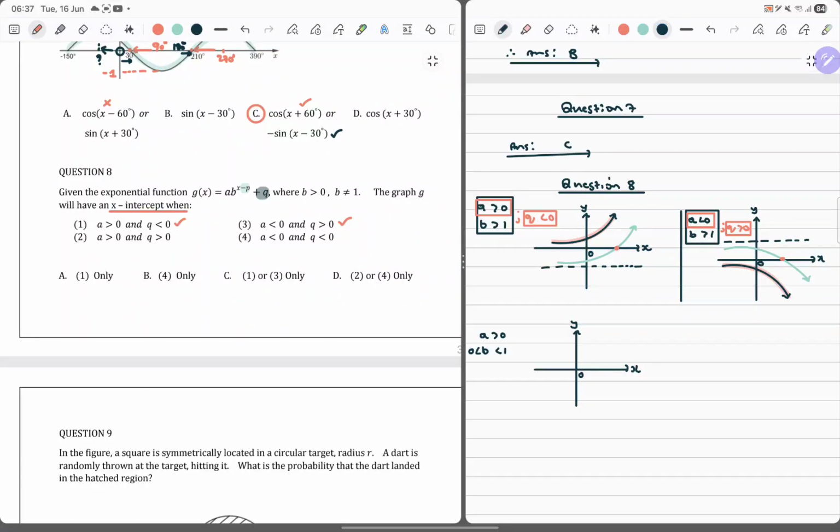What happens? So what is this? Now we know that this is a graph that appears above the horizontal asymptote, but a decreasing function. Okay, so this is what this graph would look like normally.